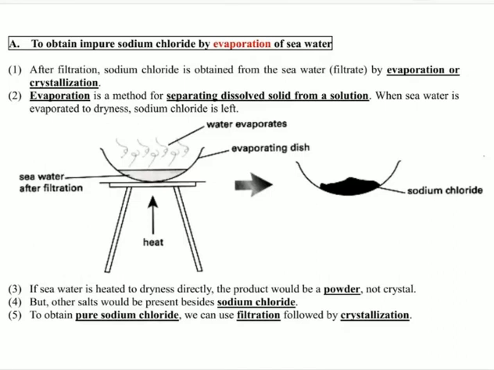So just in case we don't require a very pure sodium chloride sample, we can just evaporate the seawater. After filtration, we can evaporate all the water away, and then all the salt will remain as the residue.